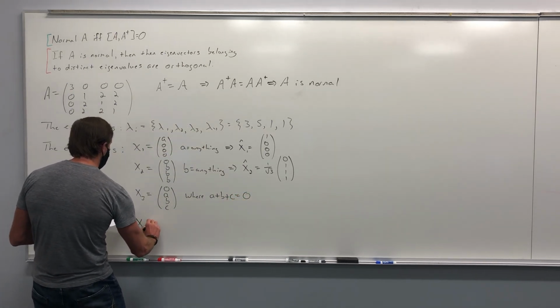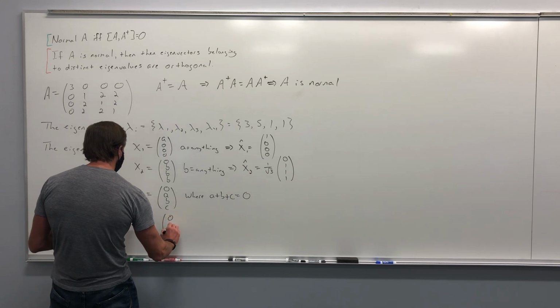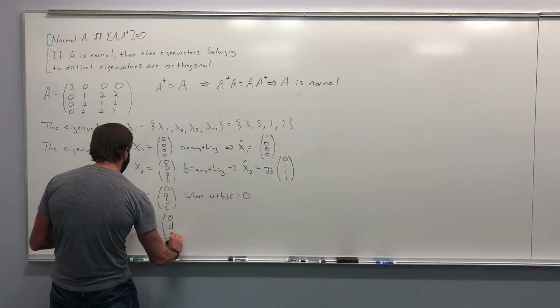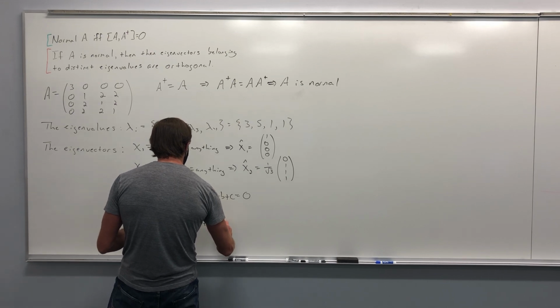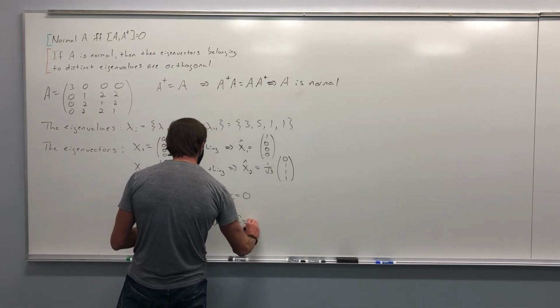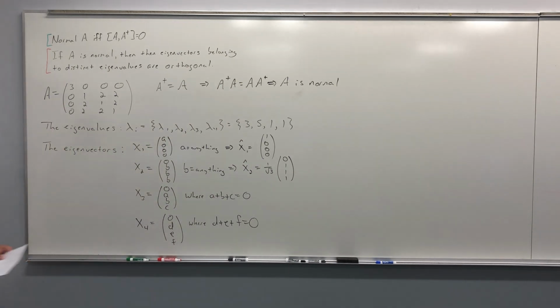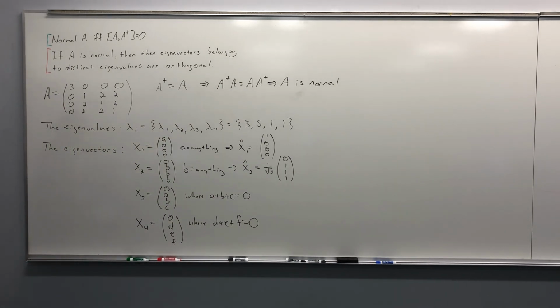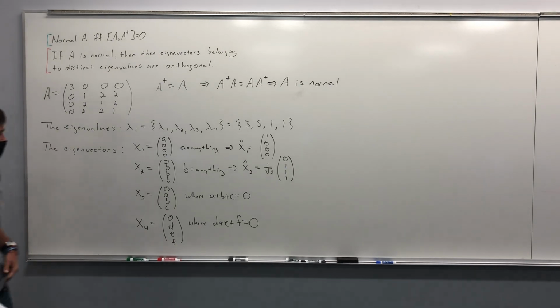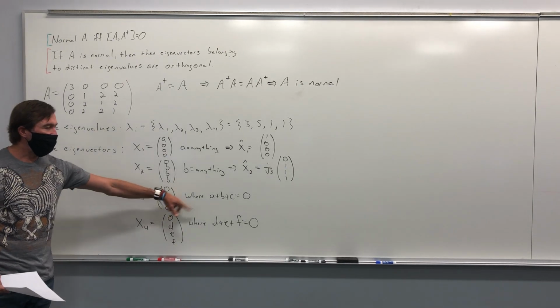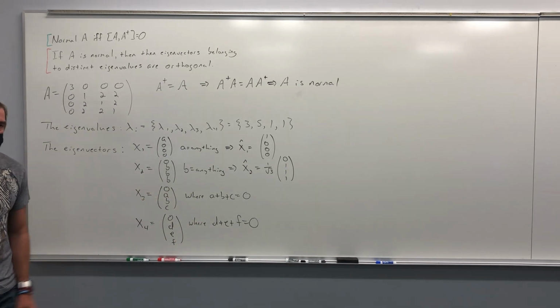And the eigenvector x4 is going to be C, D, E, F, where D plus E plus F equals 0. Okay? Now again, all of this would just come from you doing an analysis of the eigenvalues and the eigenvectors. I can't really give you normalized forms of these because there's lots of things to choose.